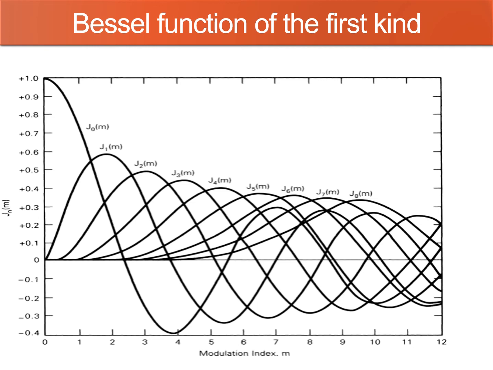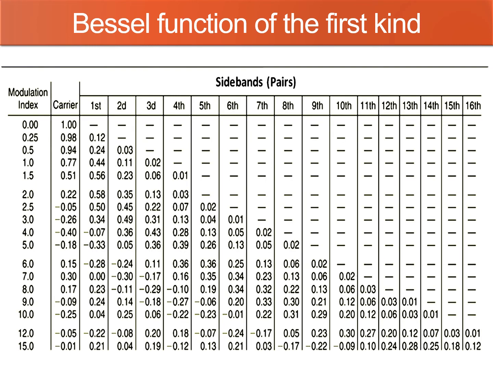Here is the curve or the graph of the Bessel function. And then, okay, to make it easier, you can refer to this table. So on your left is the modulation index. And then follow with the component of carrier, and the rest is the sidebands.